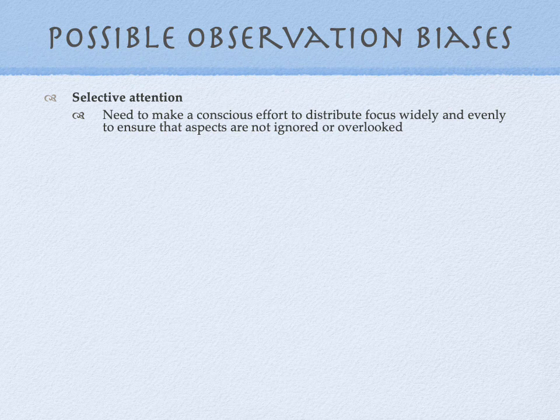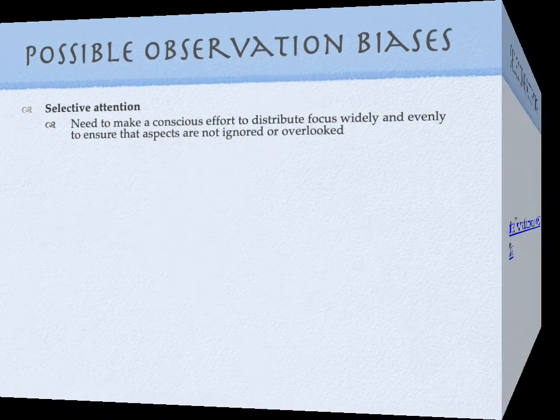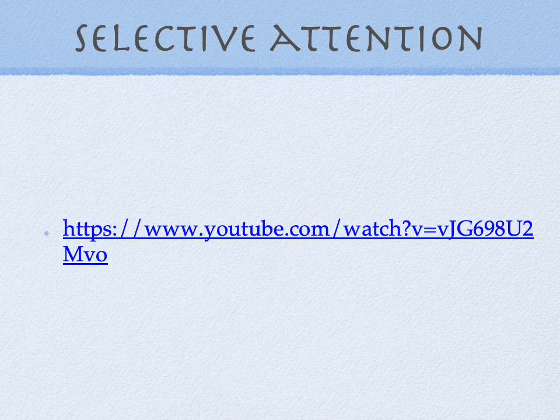It's very easy to be distracted and to lock in on certain aspects of your observations and forget all sorts of other things that are also occurring at the same time that might be as important or even more important when you're doing your observation research. Here's a short video to give you an example of how selective attention can affect your observations.